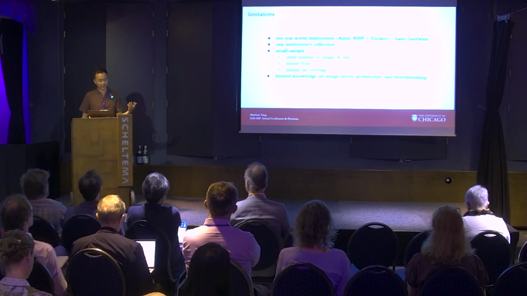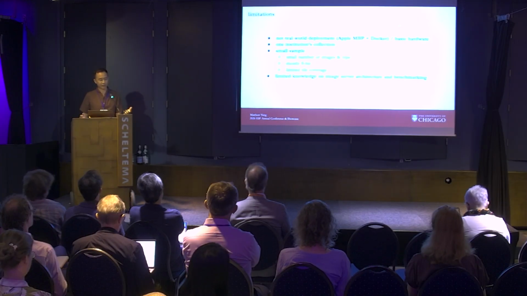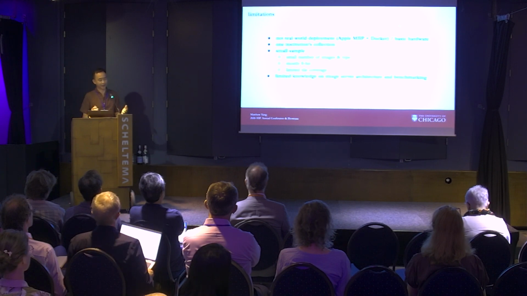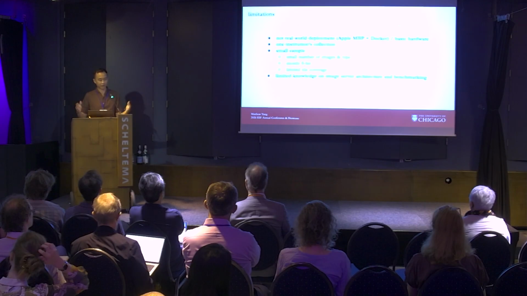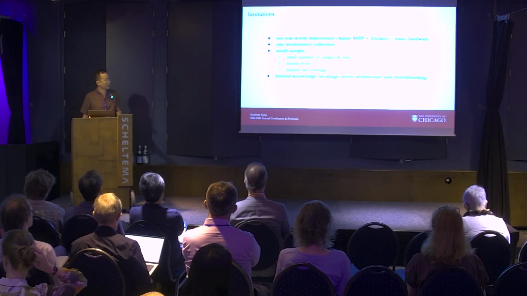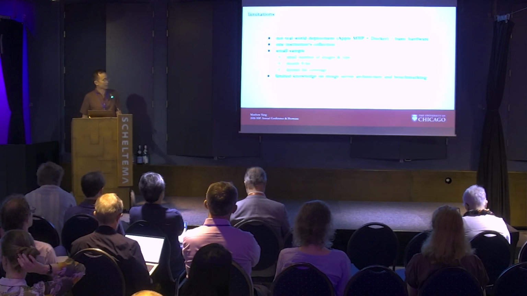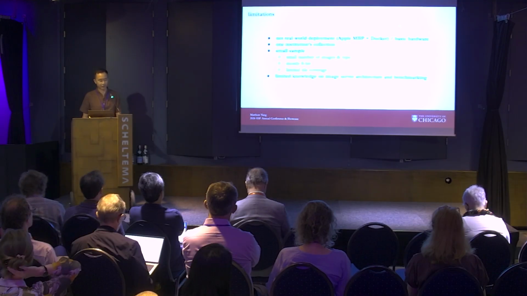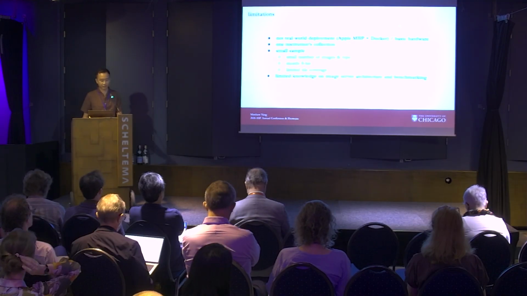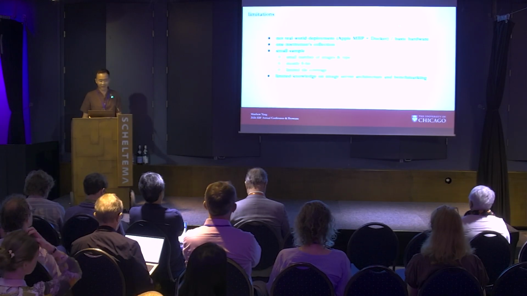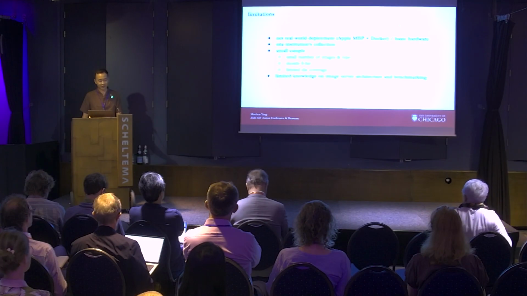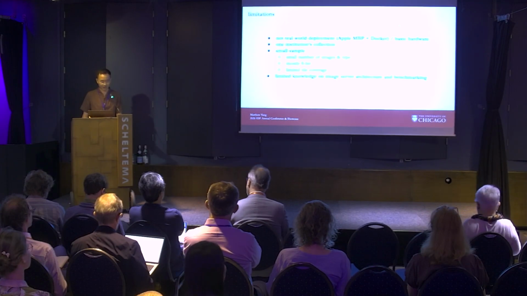Another limitation is that I'm running a very, very small sample of 10 images of a very limited type, and most of these images are 8-bit, so not crazy big. These tests also use very limited tile coverage, so it's not super extensive. And I think the major limitation is that I have really limited knowledge of image server architecture and benchmarking, so we have to take that into account as well.